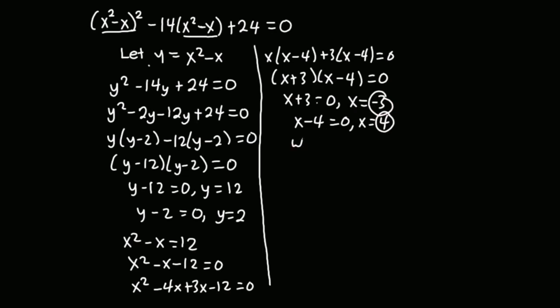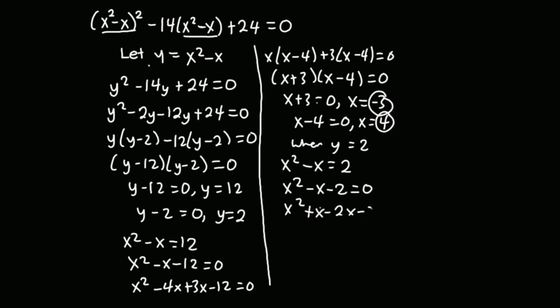Now when y is equal to 2, we have x squared minus x equal to 2. This will give us x squared minus x minus 2 is equal to 0. Simplifying, we'll get x squared minus 2x plus x minus 2 is equal to 0.